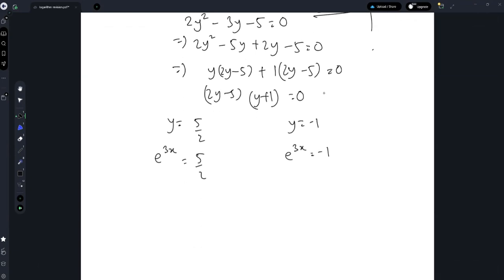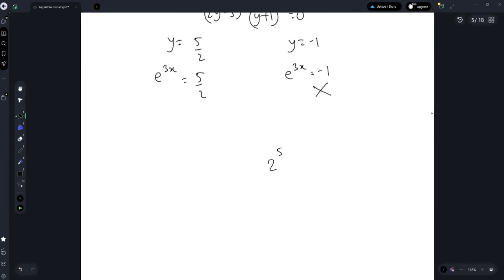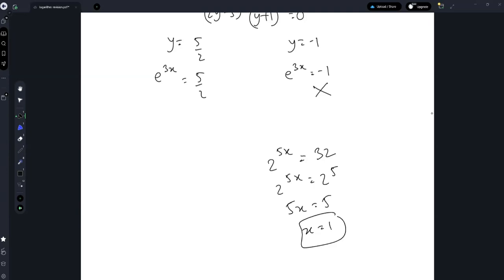So if that's the case, then obviously this is not going to be the answer. But in this case, you'll notice that obviously we cannot have anything that is going to be e to the power, right? For example, if you have something like 2 to the power 5x equals 32, I can easily say 2 to the power 5x equals 2 to the power 5, 5x equals 5, x equals 1, right? However, here's a problem.